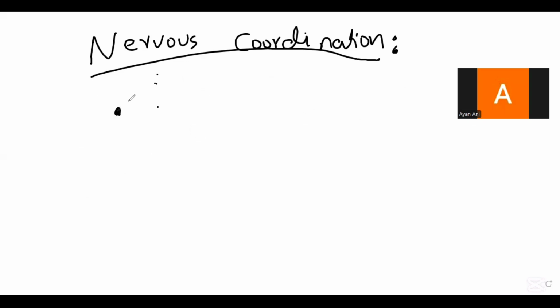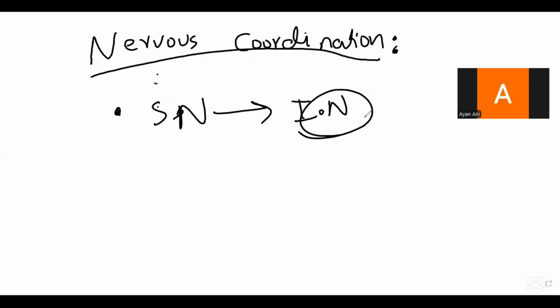Okay, so this is how the nervous system provides coordination. It carries information from different sensory organs to sensory neurons, and the sensory neurons carry it to the central nervous system, which is then relayed via interneurons.